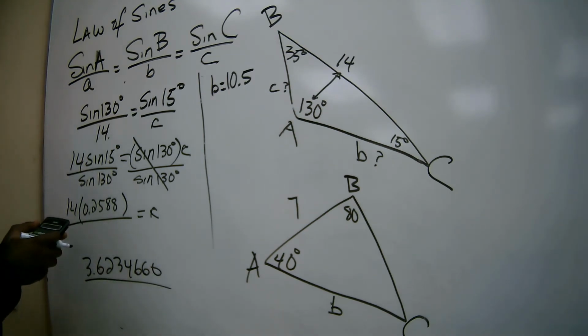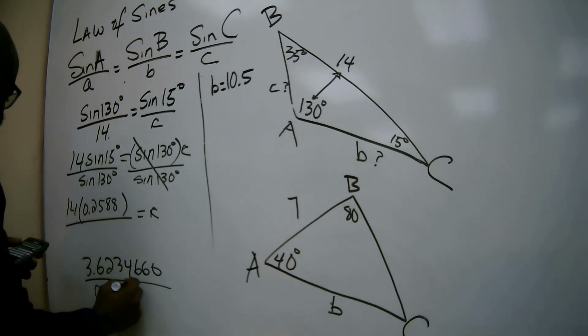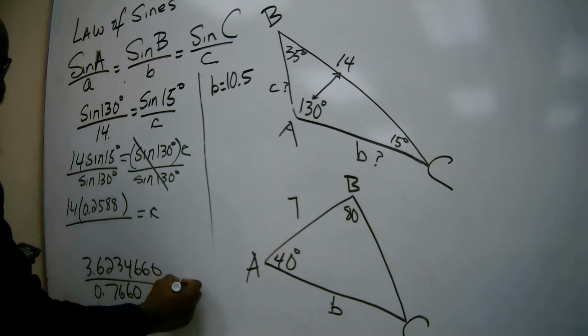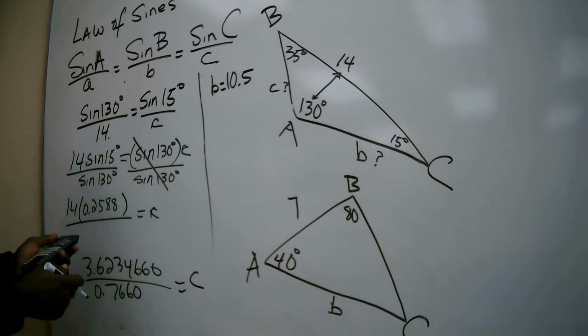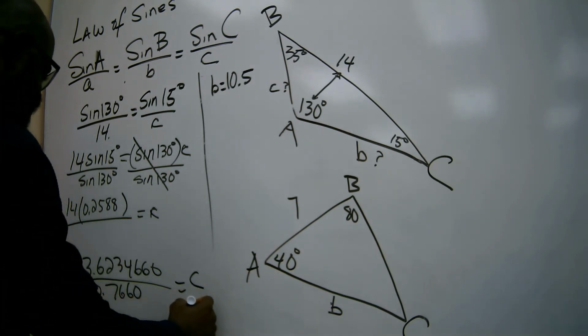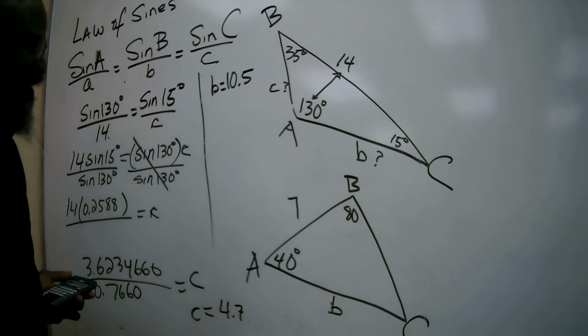Find sine of 130, which is 0.7660, and do the calculation. You have 3.623466 divided by 0.7660. Then I find C to be 4.7, which makes sense.